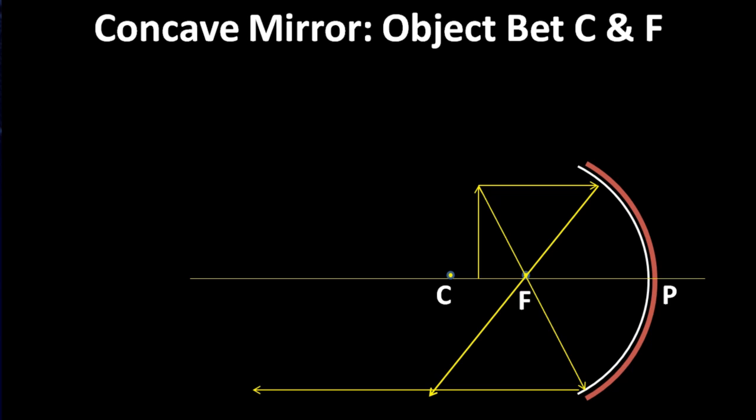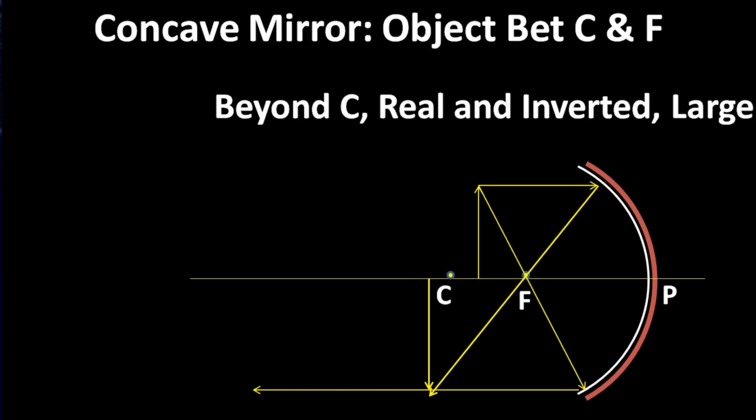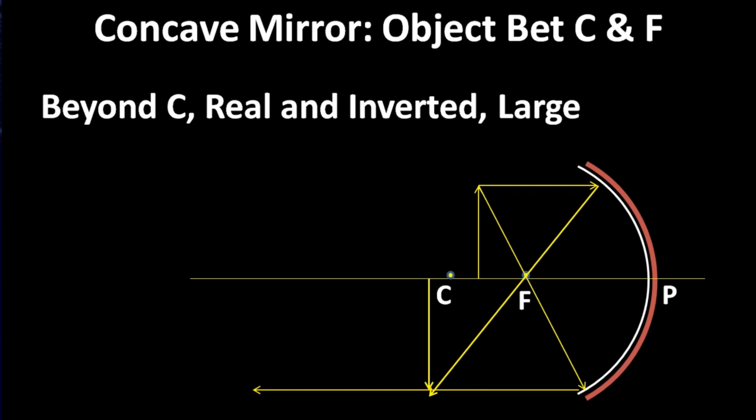The two reflected rays meet at a point where a real and inverted image is formed. So when the object is kept between the center of curvature and focus, the position of image is beyond the center of curvature. Nature of image is real and inverted. Size of image is large.